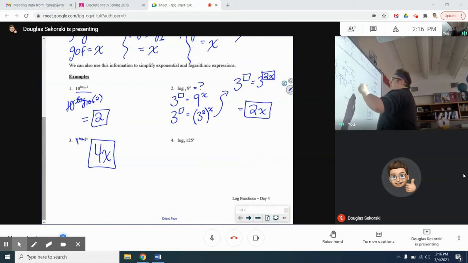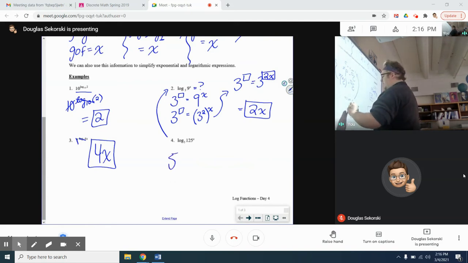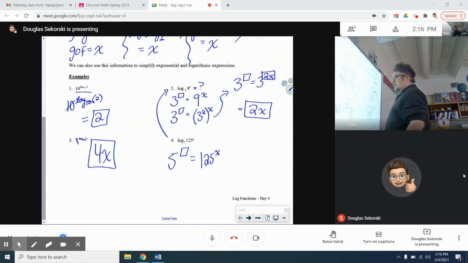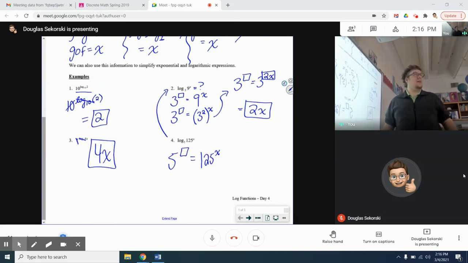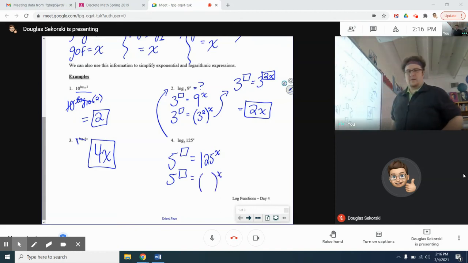So now 4 is very much like 2, where those bases are not identical. So it's best to rewrite using the definition of logarithm and exponent. So I see 125 to the x. So I'll give you a second. Pause, try to think of how to write 125 with a base of 5. Think about that for a second. And what would we have?